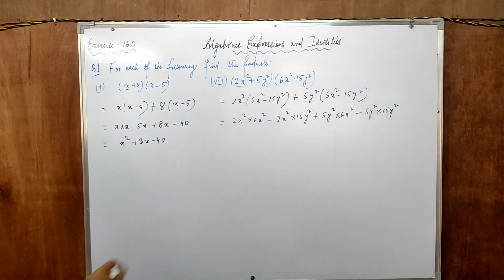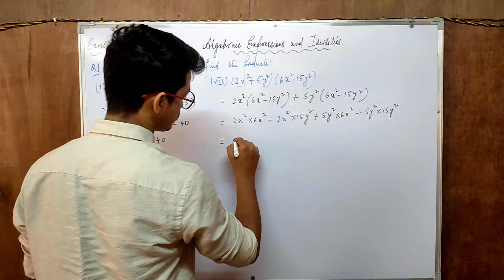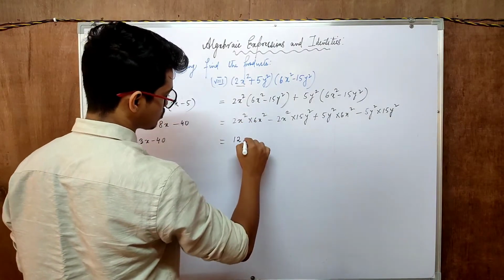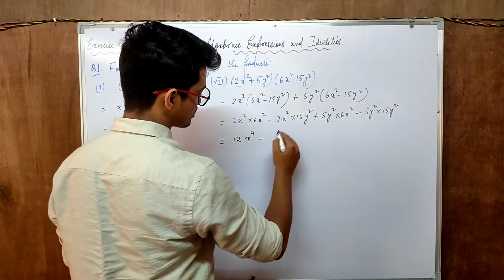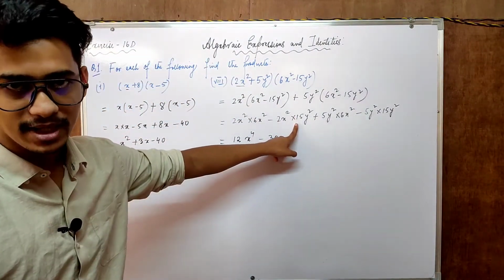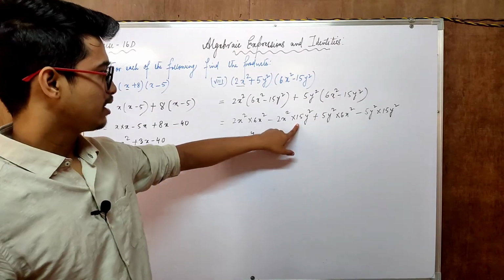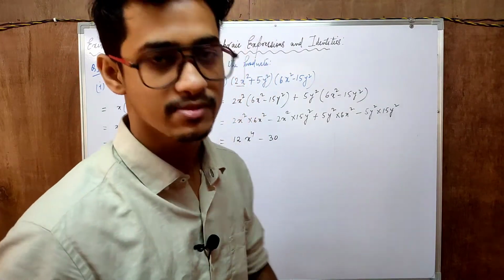After that, just do the calculation part. The coefficient will be multiplied with the coefficient. So 6 into 2 is 12, and x square into x square becomes x to the power 4. Like that, 15 into 2 is 30. Here 15 is plus and 2 is minus, so plus 15 into minus 2 gives minus 30.